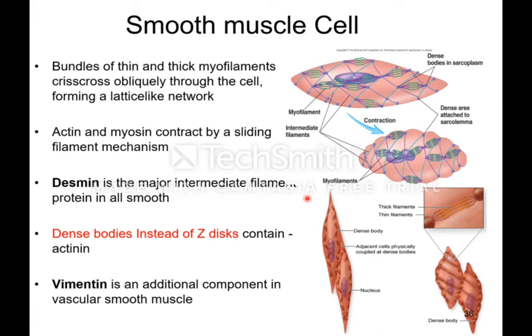Now you know the smooth muscle cell exceptions: no striation, spindle-like shape, and they include intermediate filaments such as desmin and vimentin.